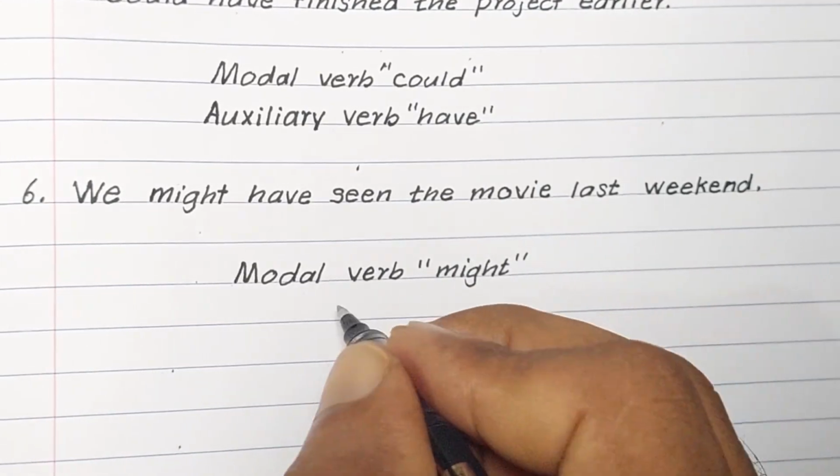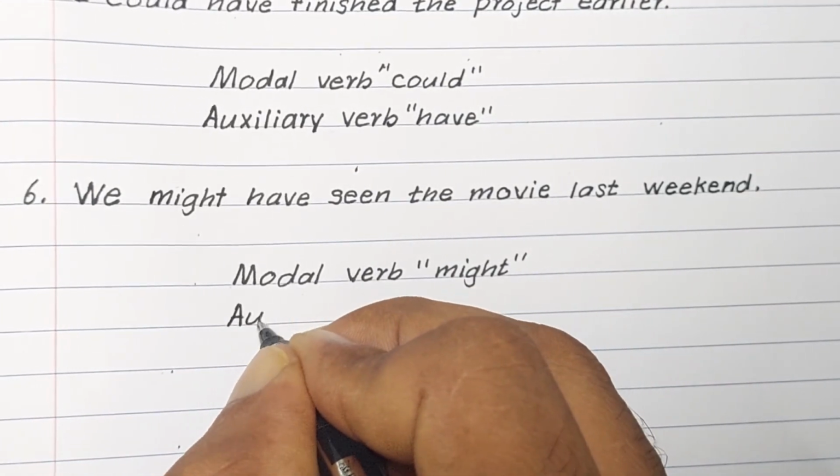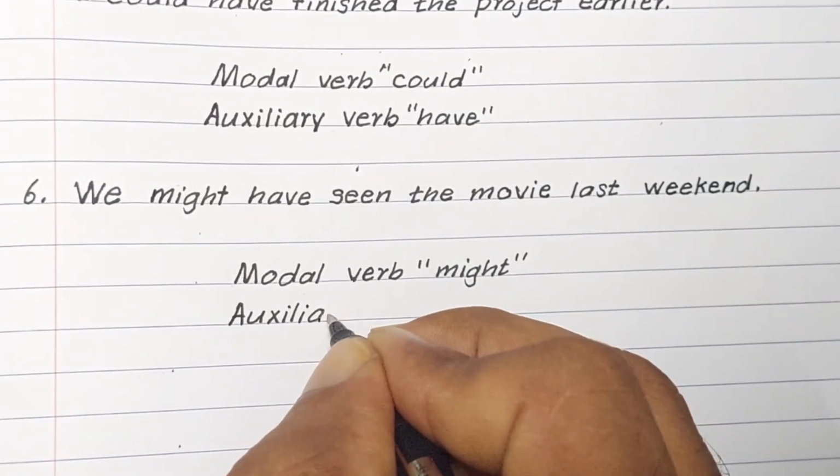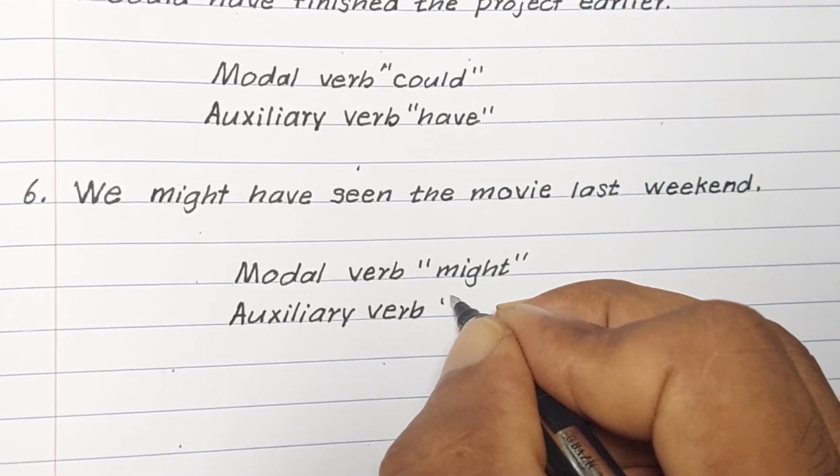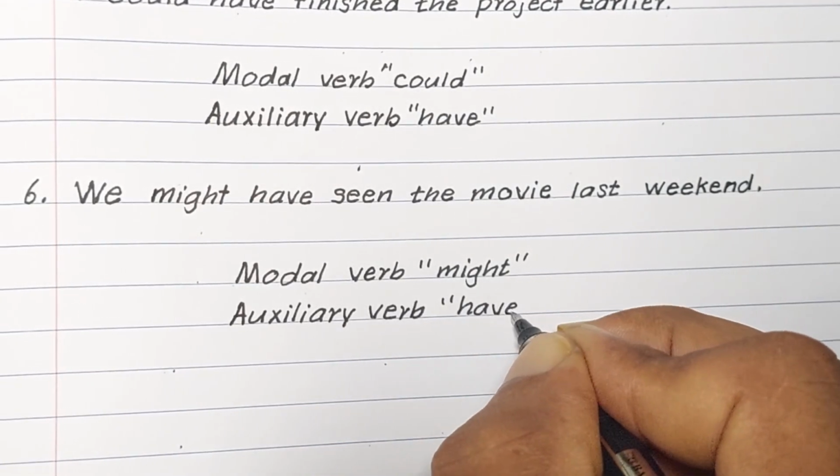We might have seen the movie last weekend. The modal verb might indicates possibility, and the auxiliary verb have helps form the perfect tense.